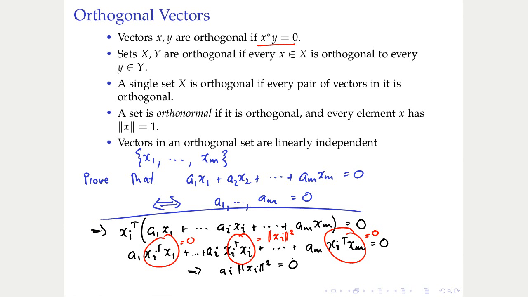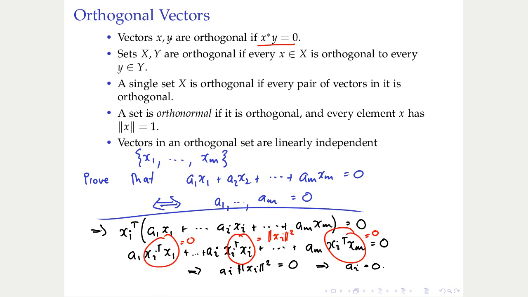And finally, what does that tell us? Well, because xi is not 0, because it couldn't be in the linearly independent set, this means that ai must be 0. To complete the proof, you just repeat that same process for all the vectors, x1 through to xm, and that would show that all of the a's are 0, and therefore the set is linearly independent.